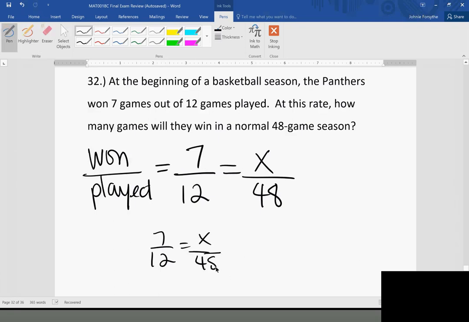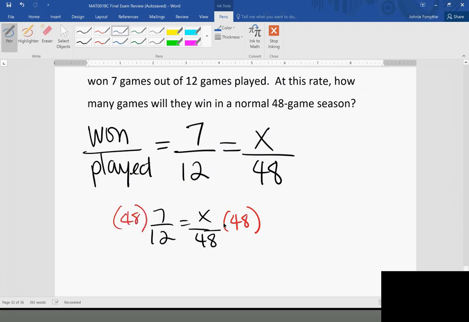So let's get X by itself by multiplying the right side by 48 and the left side by 48. So on the right, 48 will cancel, and I'll just have X equals 48 times 7 over 12. Well, I can reduce 48 over 12. I can divide them both by 12.